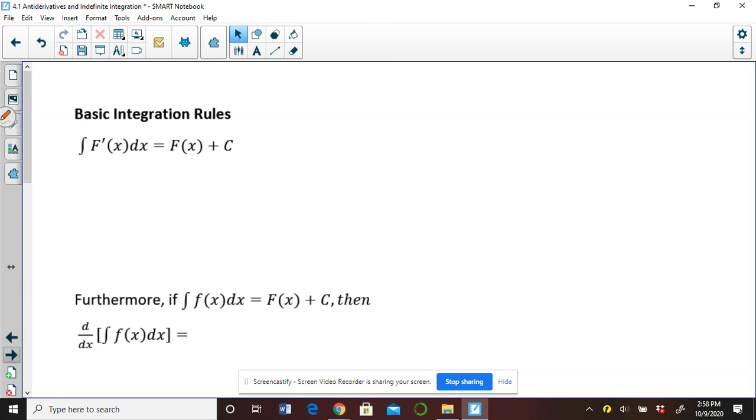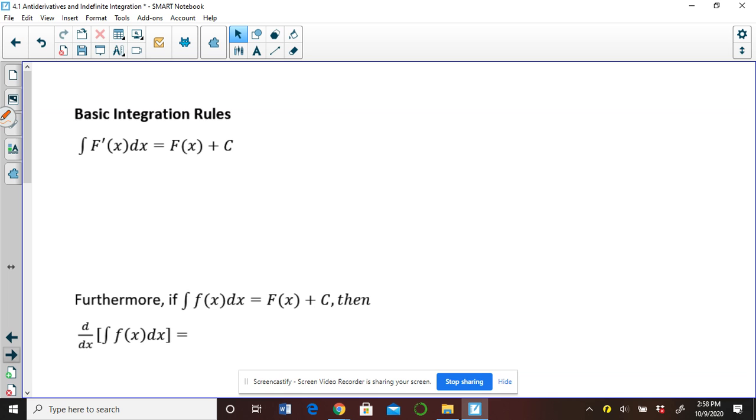Hopefully that makes sense. So then the antiderivative of a derivative is just the function itself. So we have the antiderivative of the derivative, and that is just the initial function itself plus c, which hopefully makes sense.